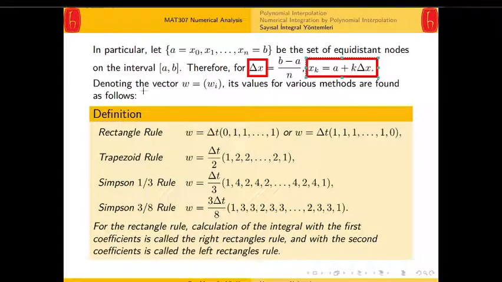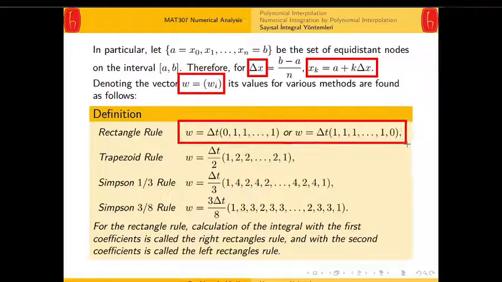Okay, denoting the vector w, the components of the vector w as wi. Its values for various methods can be found, for this particular data set, in this definition. So rectangle rule will be in this form. So w will be delta t times 0 for w0 and 1 for w1, and it will go all the way up to wn as 1.